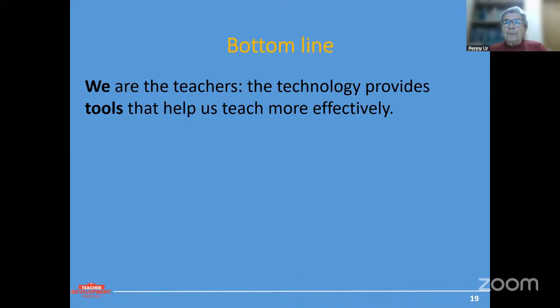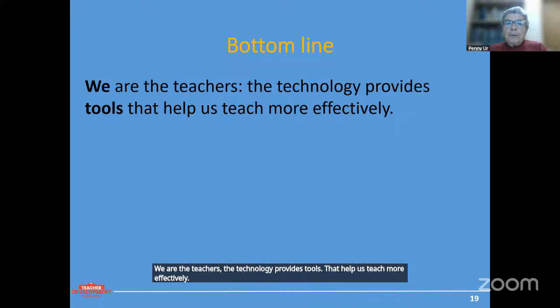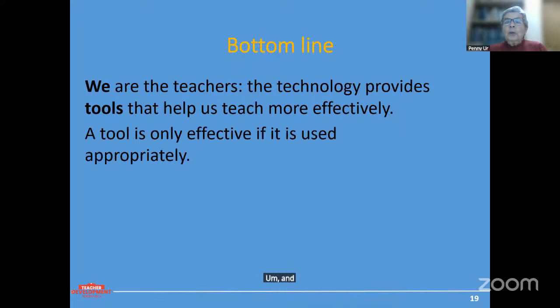Bottom line, we are the teachers. The technology provides tools that help us teach more effectively. And a tool, like any tool, a screwdriver or a pair of scissors or a pencil, is only effective if it's used for something that it will do effectively.